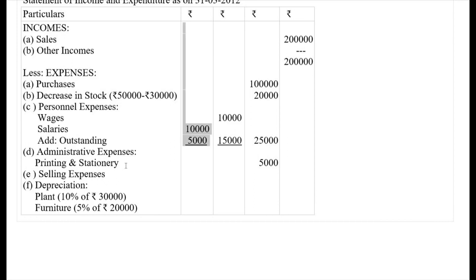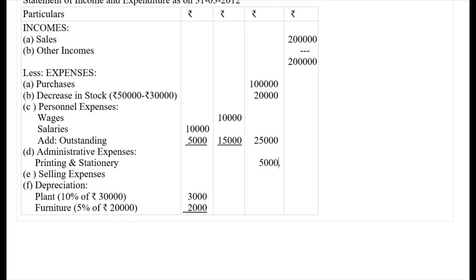So when we calculate here, it comes to rupees 3,000. Then here it is 2,000. So the total amount of the depreciation comes to rupees 5,000 here.